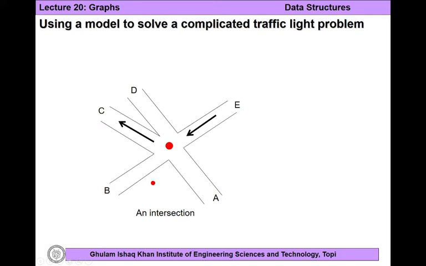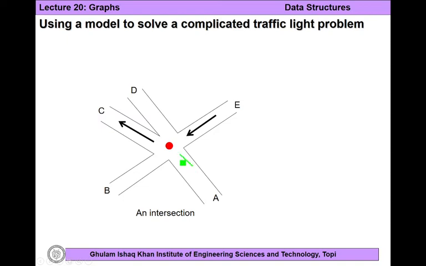Now what will happen is that at a time we will open this road, right? We will open this road and this green will be open.